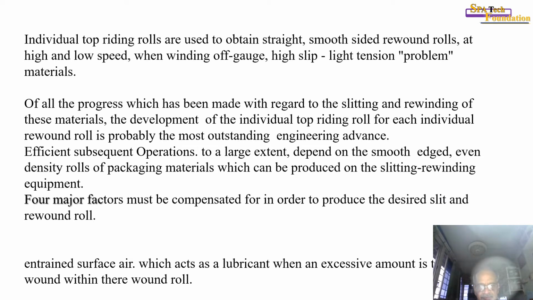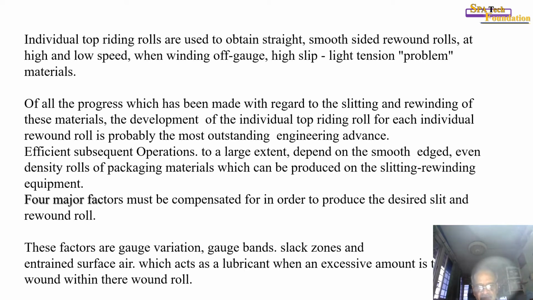Four major factors must be compensated for in order to produce the desired slit and rewound roll. These factors are gauge variation, gauge bands, slack zones, and entrained or entrapped surface air, which acts as a lubricant when an excessive amount is trapped and wound within the rolls.